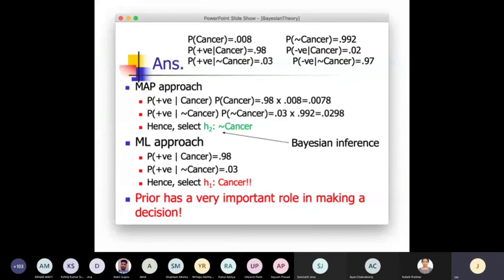Can you tell us? Any idea? How do you proceed to compute this probability of whether the test is positive or not? Sir, given that, okay.